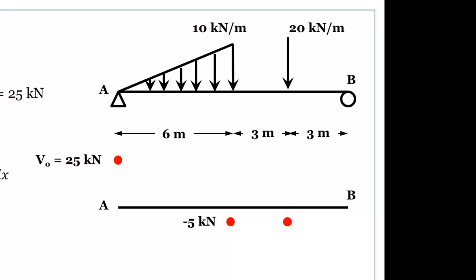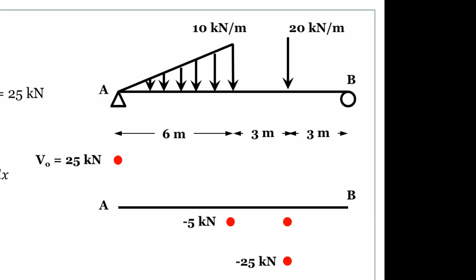And under the 20 kilonewtons, this force will push me down by 20 kilonewtons, and I'm already at negative 5, and I'm gonna be pushed 20 units. I'm gonna go to negative 25.